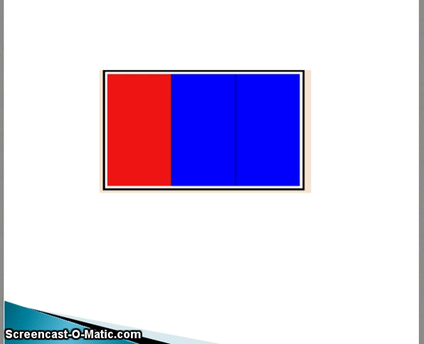All right, so now we're going to look at another rectangle, and we have a shaded area, 2 different colors. So we have red and then we have blue. So first we're going to talk about how many equal parts are in this rectangle. And you can see there is 1, 2, 3.